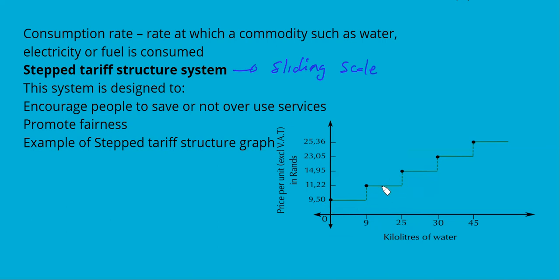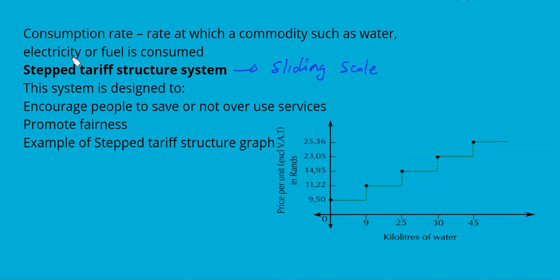If you use more water, you are charged more. The charge per unit will rise as the usage increases. What they're encouraging you to do with this sliding scale is to minimize wastage and make sure that you save electricity and save water.